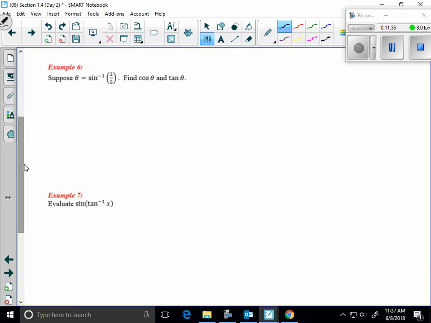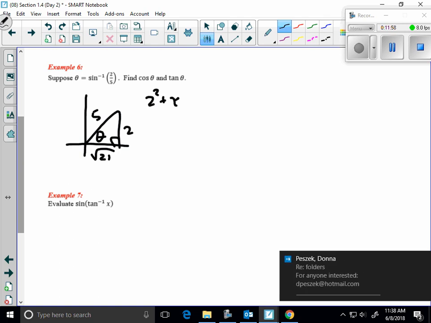Okay, something a little bit more abstract. What if theta equaled inverse sine of 2 over 5? Find cosine and tangent. Well, since it's positive and this is inverse sine, I'd place this in quadrant 1. If sine is 2 over 5, then I'd use the Pythagorean theorem to get root 21 there. This is theta, right? How did I get root 21? 2 squared plus, let's call it x squared, equals 5 squared.